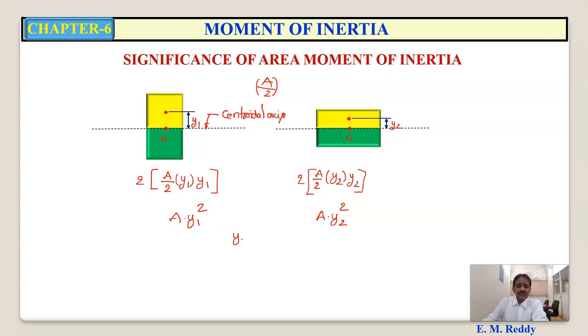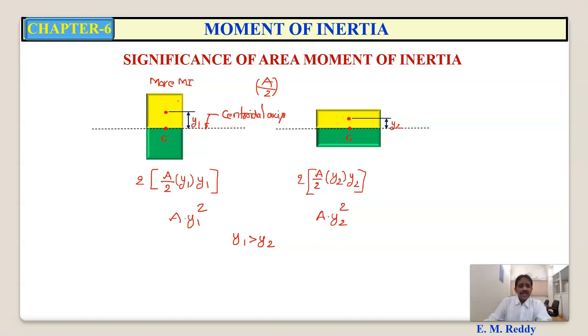But area is same in both the sections. But you will find that y1 is greater than y2. That means the first section, the section which is in vertical position, is having more moment of inertia than the second section, the total area being the same. Are you getting my point? So the section 1 is having more moment of inertia in this position than section 2. That means moment of inertia indicates the quantitative relative distribution of area about an axis.